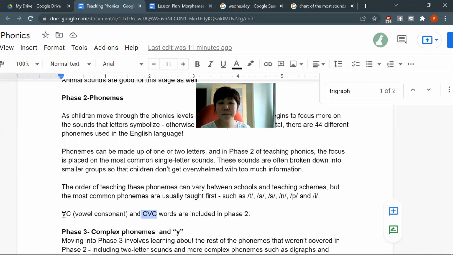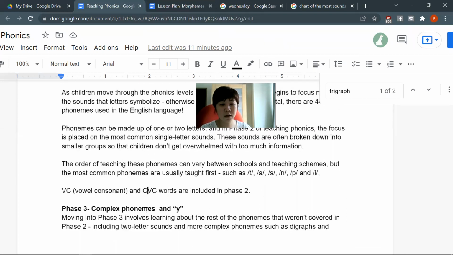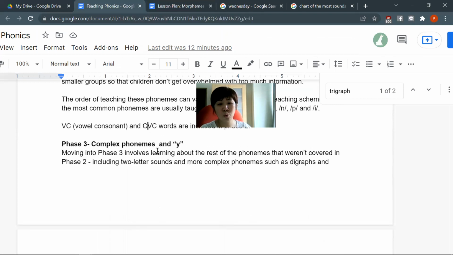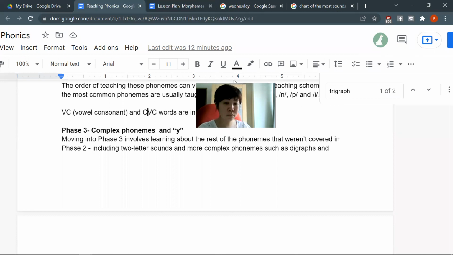Snap is harder, because it's not really CVC, it's CCVC. It has a consonant cluster at the beginning, like S plus N, so snap. And then we go to phase 3. That's where things get more complicated.